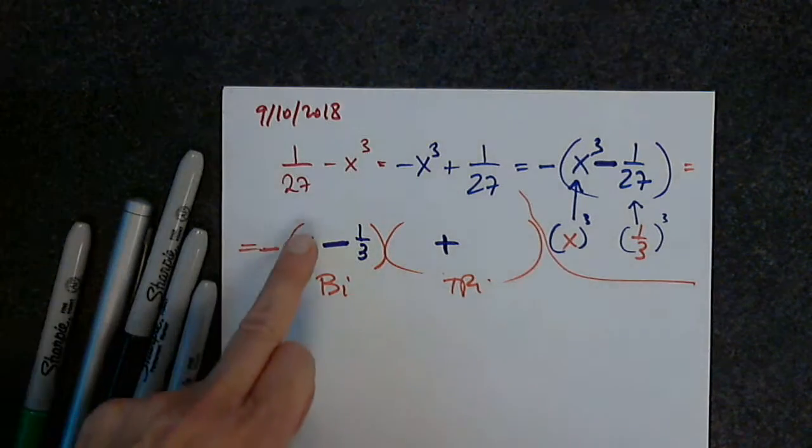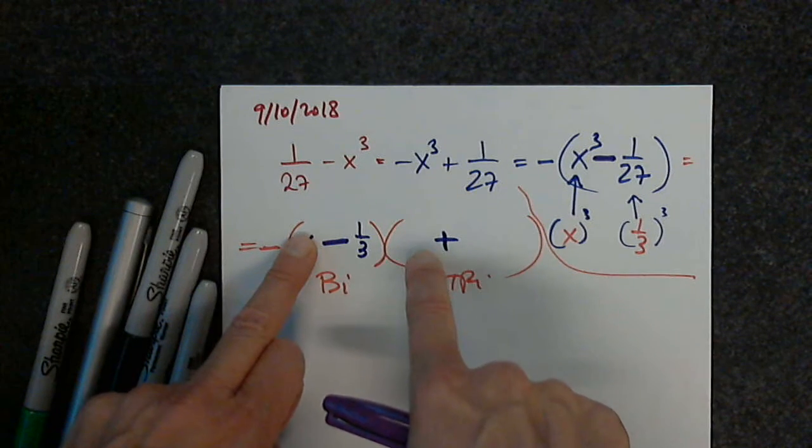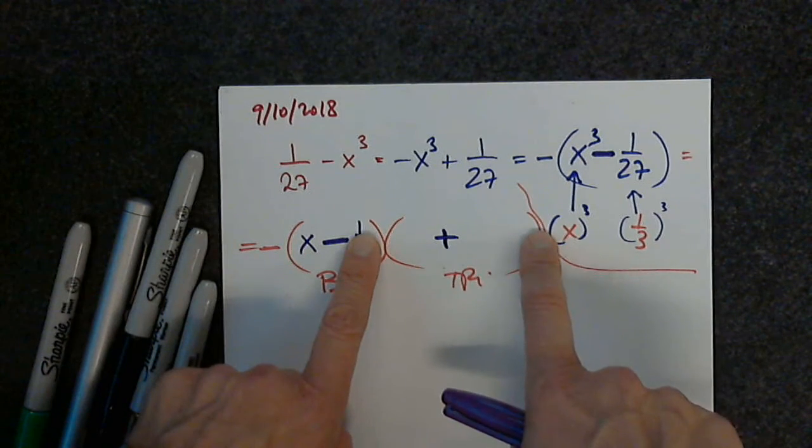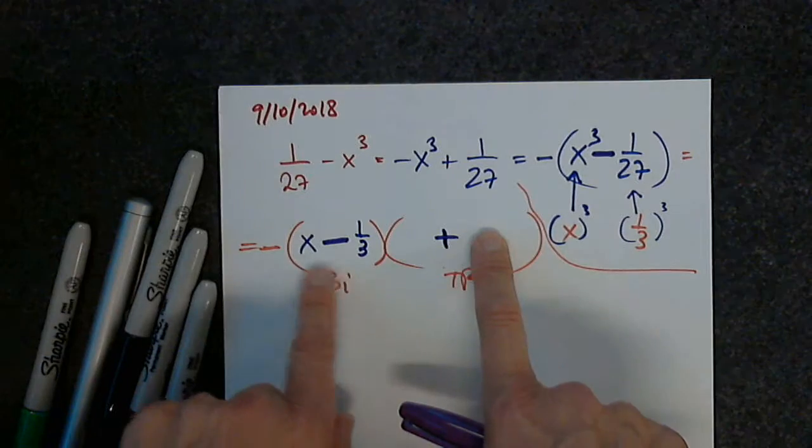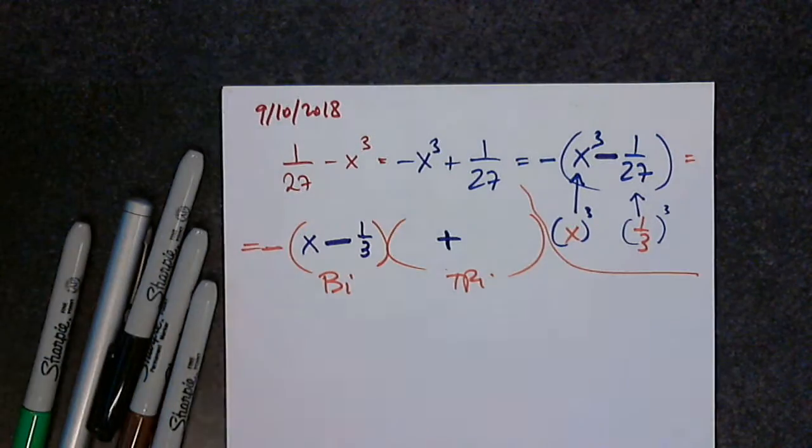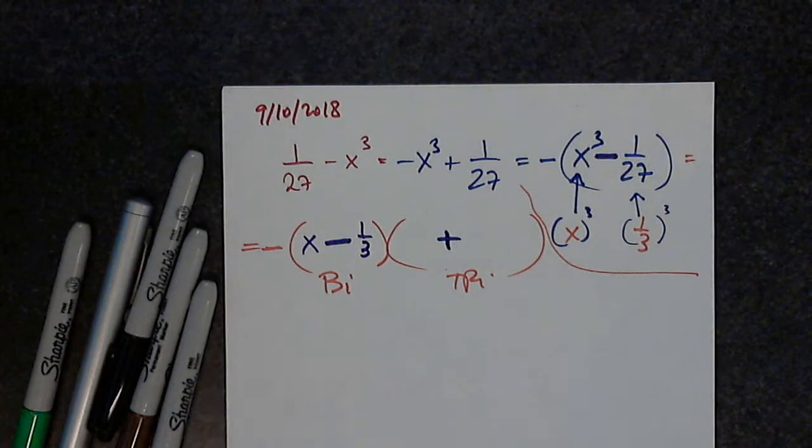So I square this and put it here. I square this and put it here. And in the middle is the product of those 2. So can anyone give us the trinomial? Say it again. X squared. Perfect. X squared. Excellent.